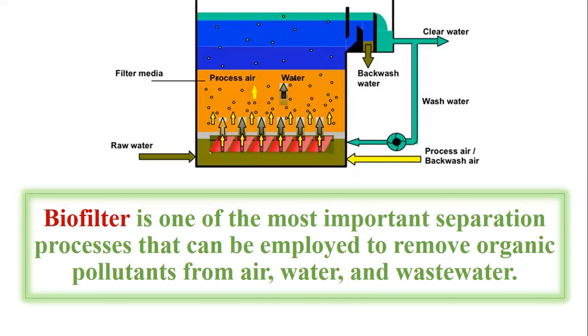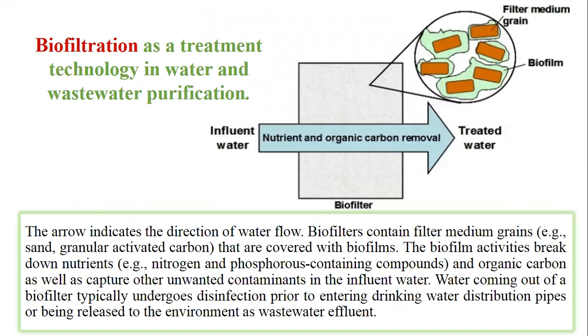Biofilter is one of the most important separation processes that can be employed to remove organic pollutants from air, water, and wastewater. Biofiltration as a treatment technology in water and wastewater purification. The arrow indicates the direction of water flow. Biofilters contain filter medium grains, for example sand or granular activated carbon, that are covered with biofilms.